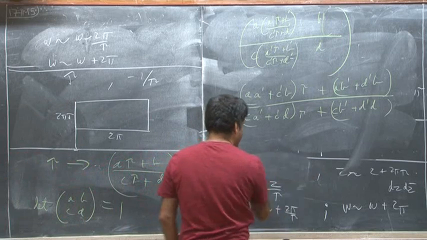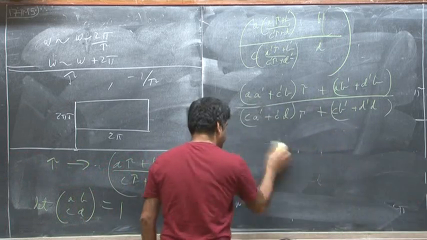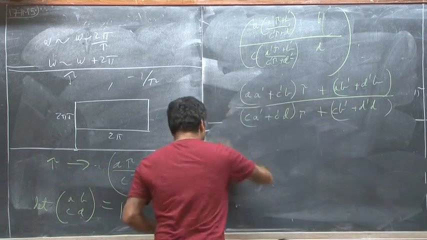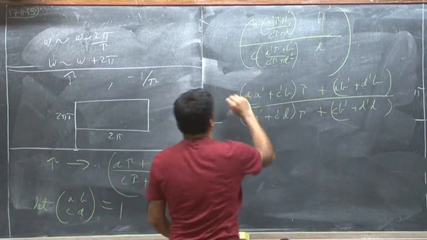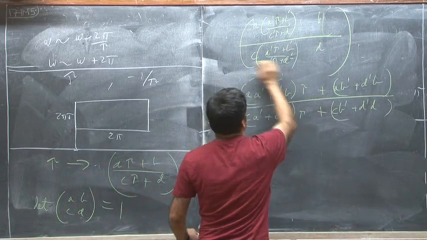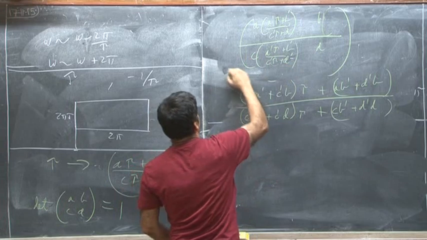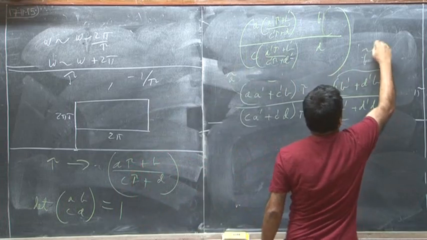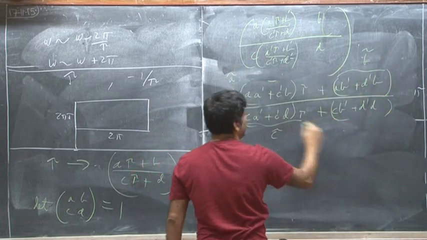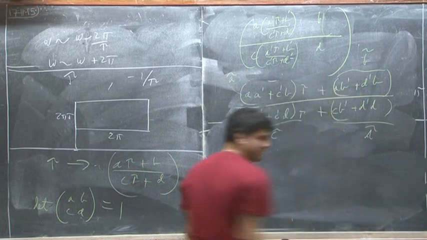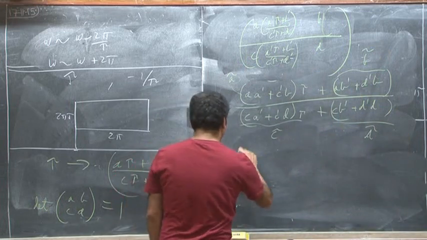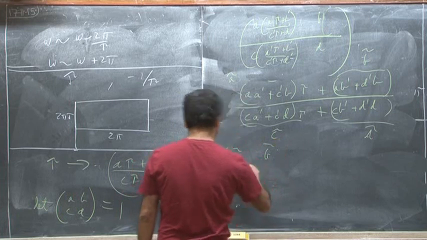So suppose we call this A twiddle, this B twiddle, this C twiddle, and this D twiddle. Then you see A twiddle, B twiddle, C twiddle, D twiddle.